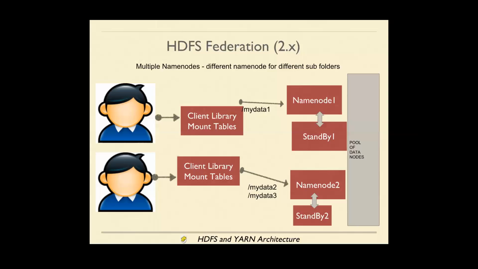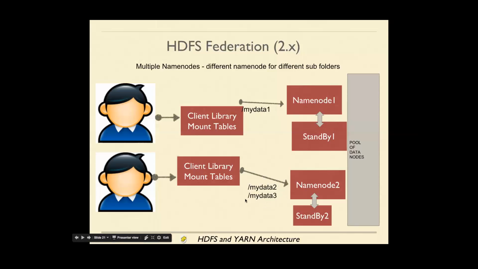Similarly, in HDFS federation, we maintain something called mount tables, which contain the mapping between the folder and the name node. Some of the folders point to one name node, and some point to another. For example, if the user in this diagram is trying to access /mydata or any subdirectory or files in this folder, then the request for modifying or reading would go to name node 1.